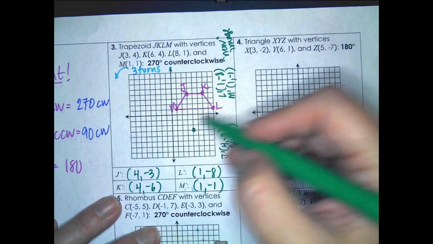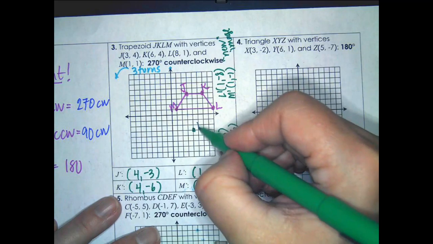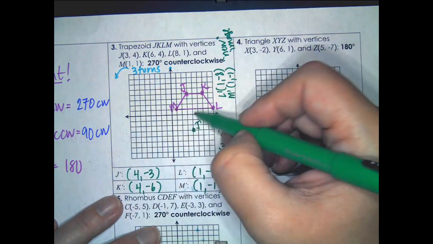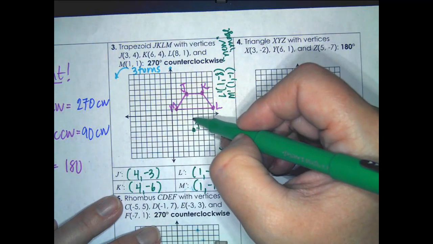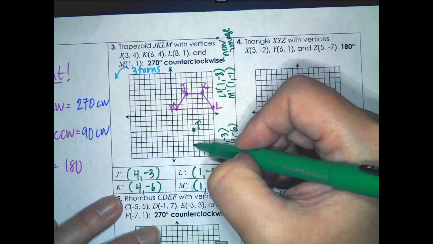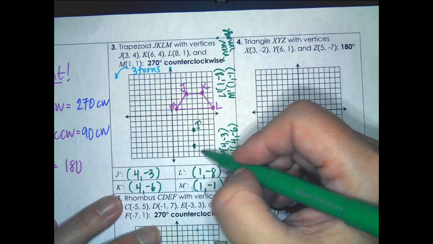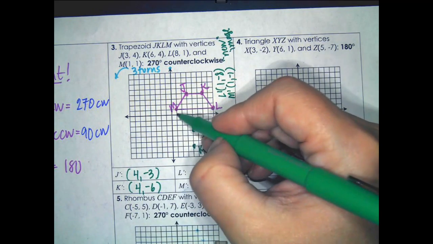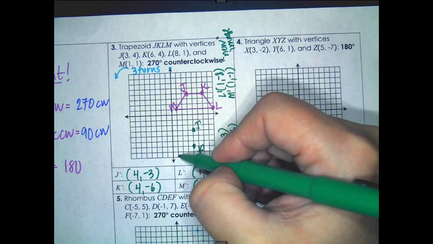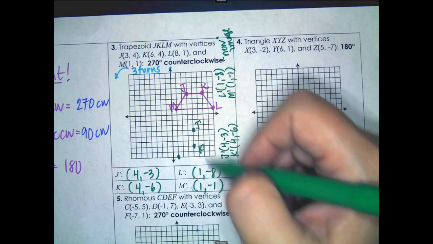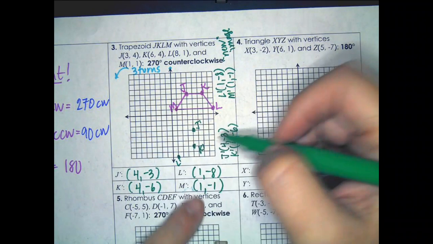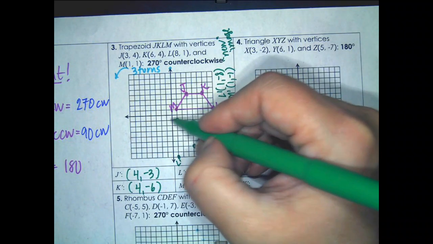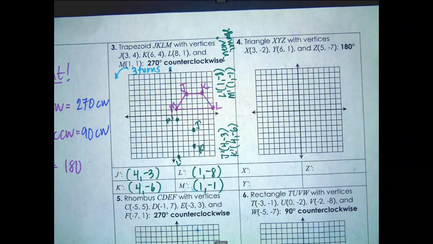So that's your J prime. Okay, K prime is positive 4, down 6. 6, so that is K prime. L prime is 1, negative 8. And then M prime is 1, negative 1. Okay, connect your points.